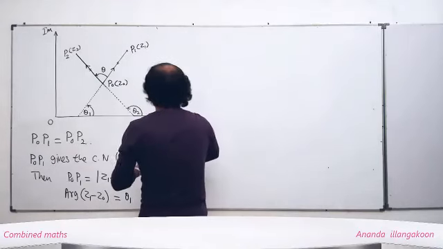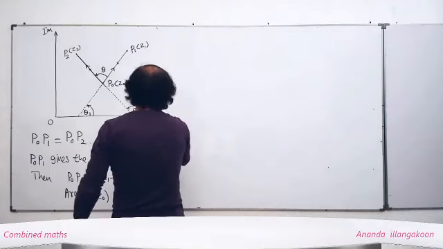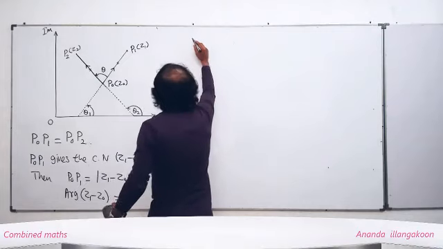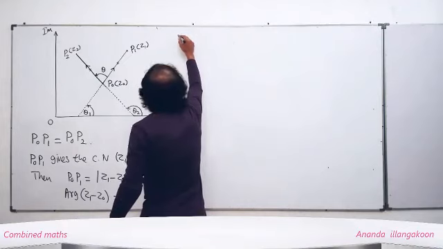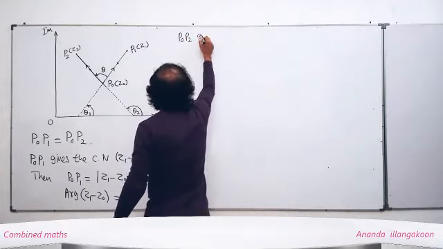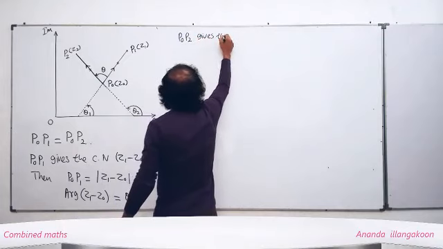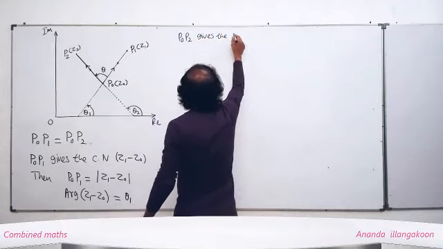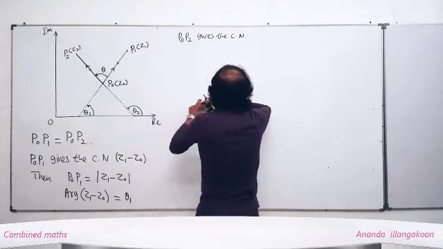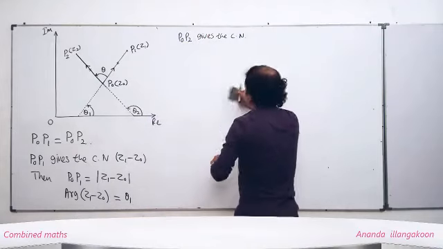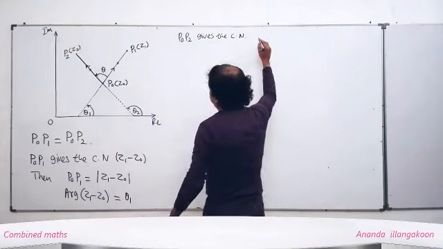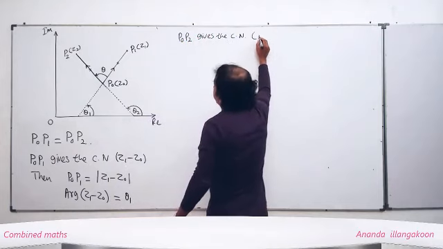Similarly, you can write P naught P2 gives the complex number Z2 minus Z0.